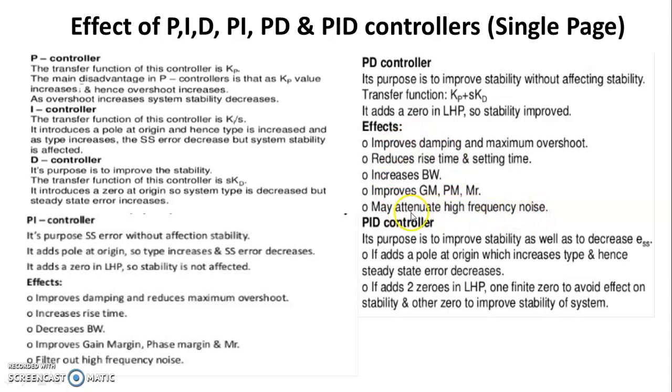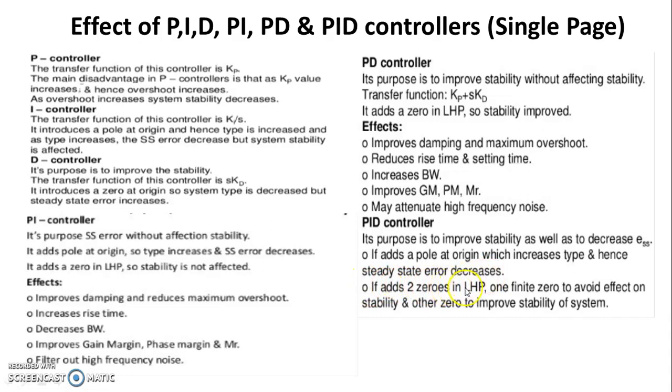And the last one is a combination of all three controllers, PID. Its purpose is to improve the stability as well as to decrease the steady state error. Here it adds a pole at the origin, it increases the type, and the steady state error decreases.